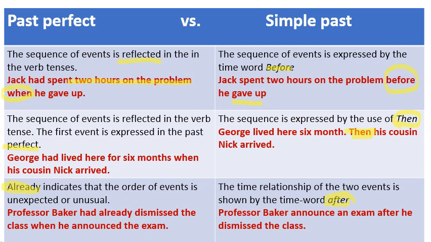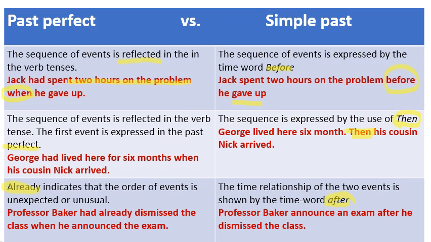However, the sequence of events, we show or we indicate that sequence of events using the time expression, which is before. Before indicates which action happened first, whereas in the first case it is the tenses of the sentence that shows the sequence of events. So here, in the second one, Jack spent 2 hours on the problem before he gave up. But like I said, you remember I said that before we can use it both with the past perfect and with the simple past.